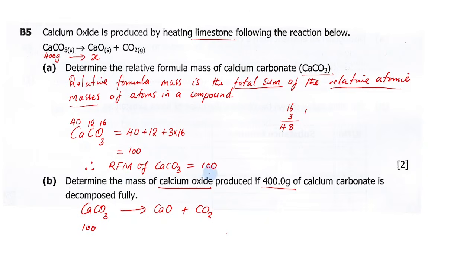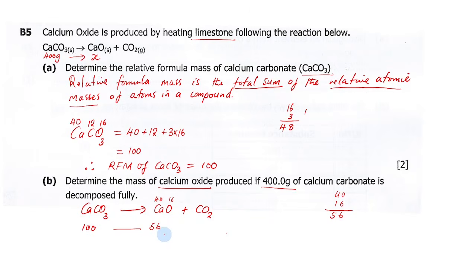This 100 relative formula mass is what has decomposed to give you calcium oxide. So you total for calcium oxide to find its relative formula mass. Calcium is 40 and oxygen is 16, so 40 plus 16. What are we getting? 56. So at the stoichiometric level, if you have 100 of calcium carbonate, it will produce 56 of calcium oxide.